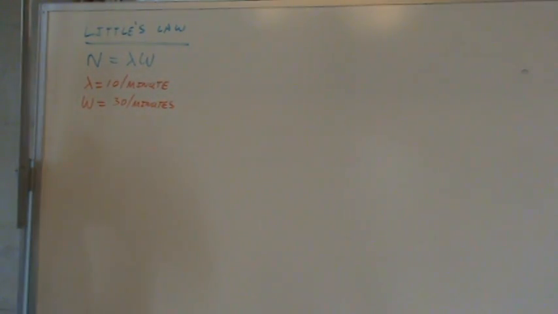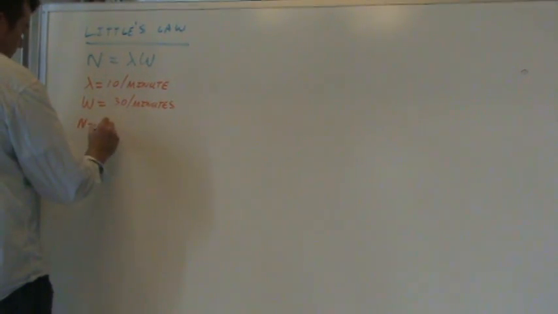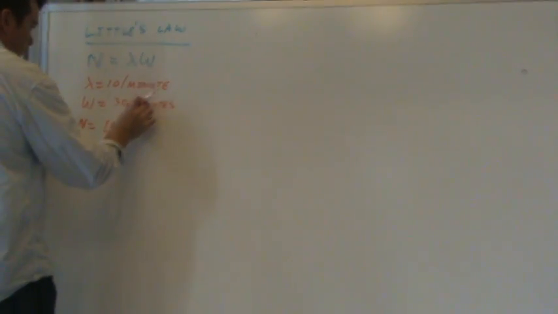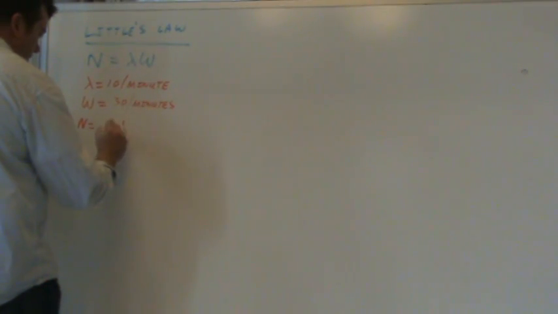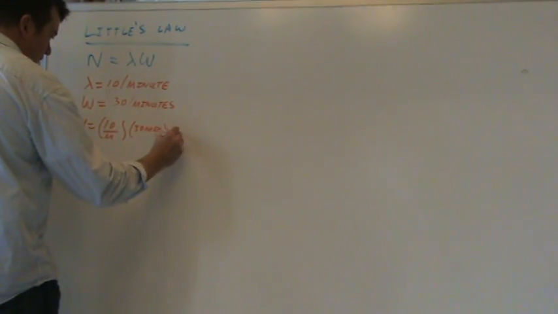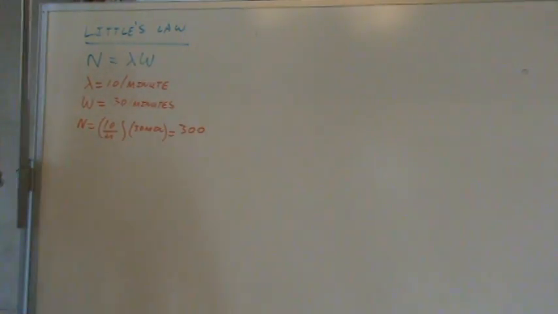Well, according to Little's Law, it would end up being N equals 10 per minute times 30 minutes, equals 300 people.